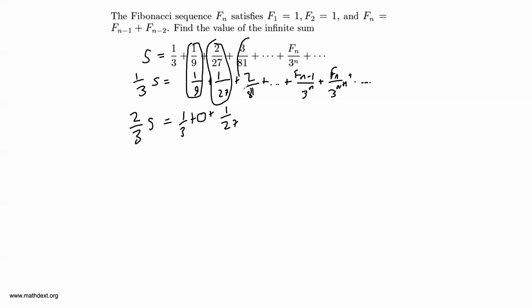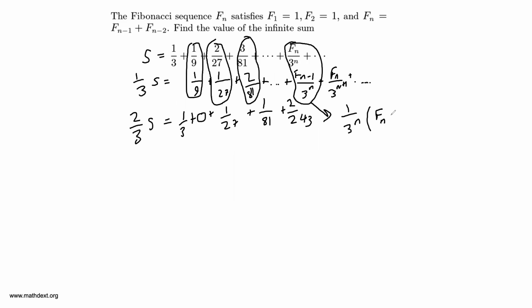And this next term is going to be 1/81. And if you took the next term, if I had written it down, and you subtracted those two, you'd get 2/243. And in general, if I'm subtracting this term and this term, I am going to get 1 over 3^n times the quantity f(n) minus f(n-1).